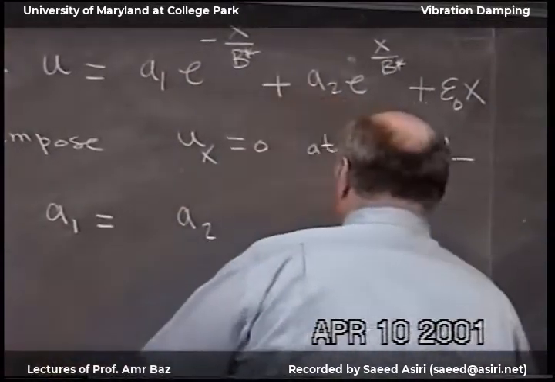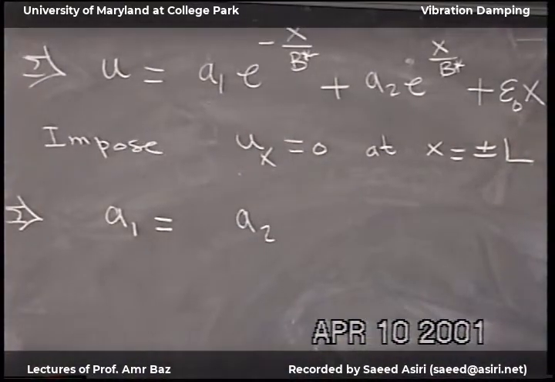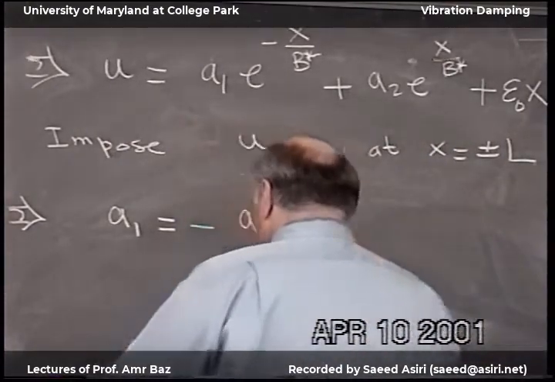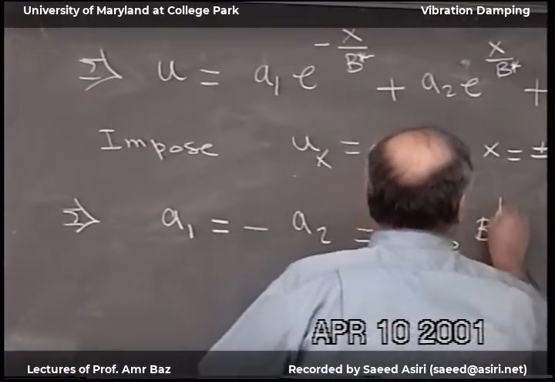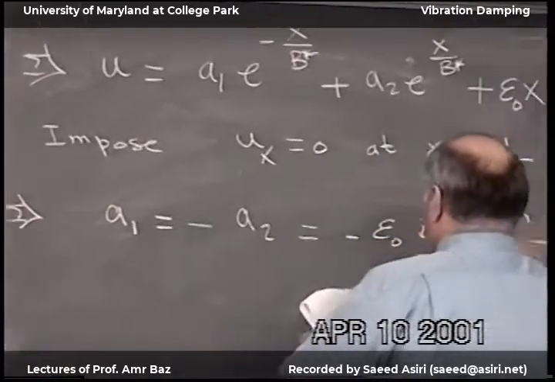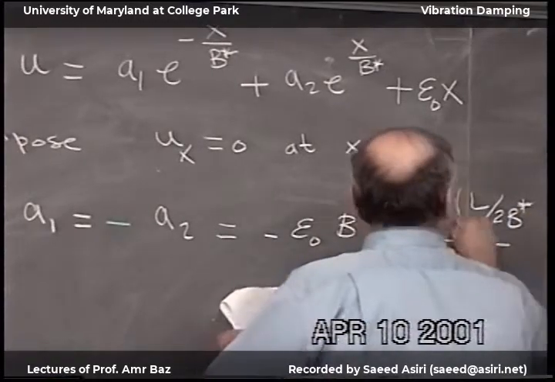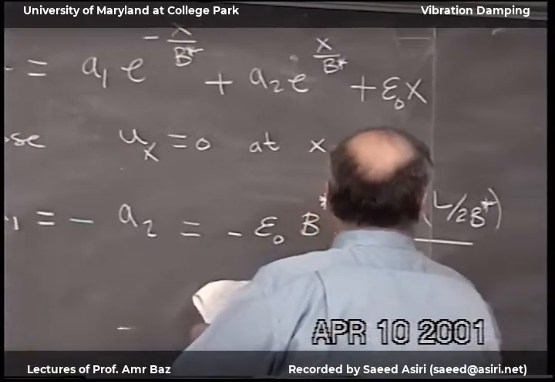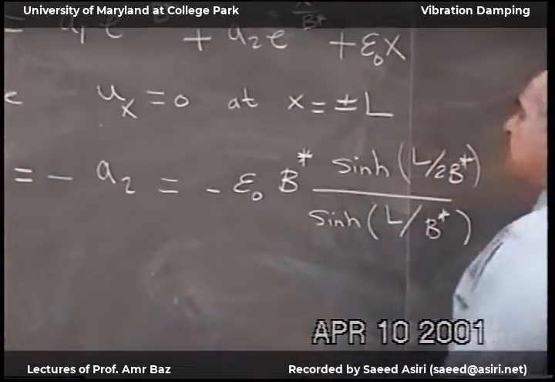The two are the negative of each other. And this will equal minus epsilon 0 b asterisk sinh of L over 2 b asterisk, and then sinh of L over b asterisk.